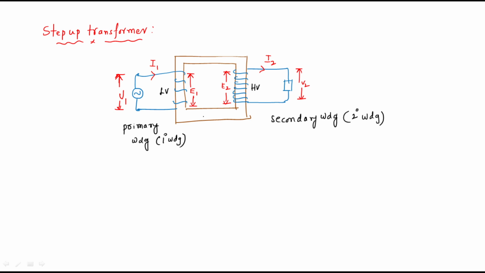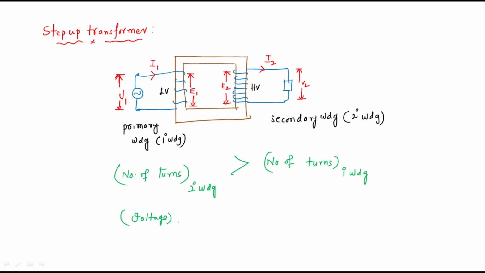So the number of turns across secondary winding should be more than the number of turns across primary winding. Step up, that is the voltage across secondary winding should be more than the voltage across primary winding, right?